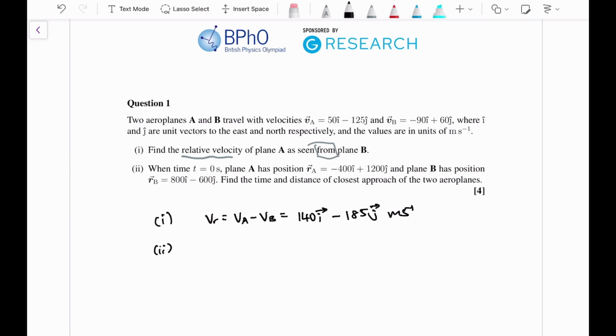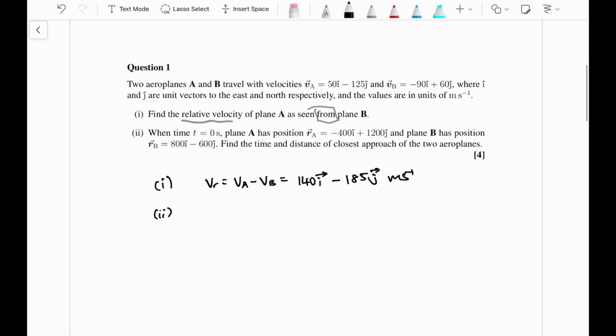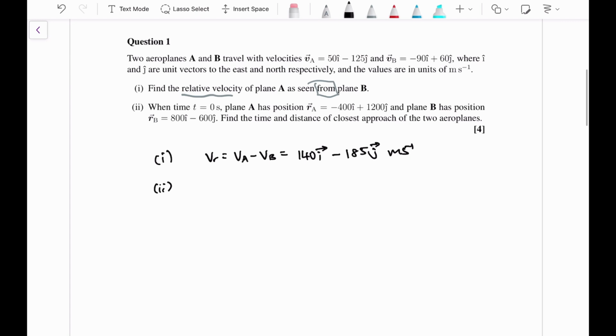So how do you find the minimum? This will be rather complex. Let's first derive some kind of equation or a certain value that might represent the relative position in this case. So first of all, we have VA and VB.